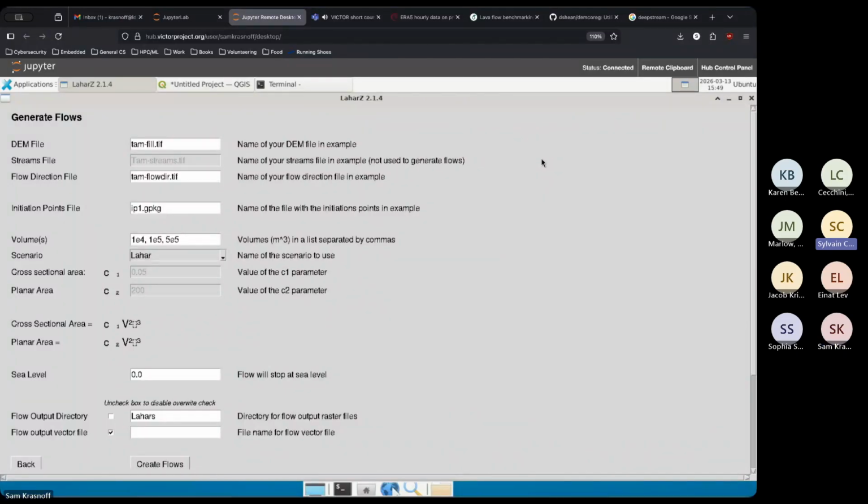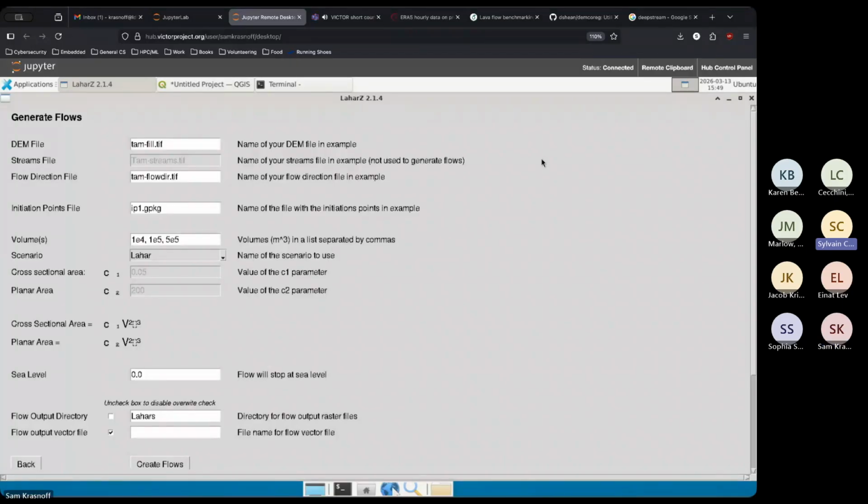So still not completely probabilistic, but I would say scenario based, which is pretty cool. And it's super fast, right? It runs in just a few seconds. Yeah, so that's really good.